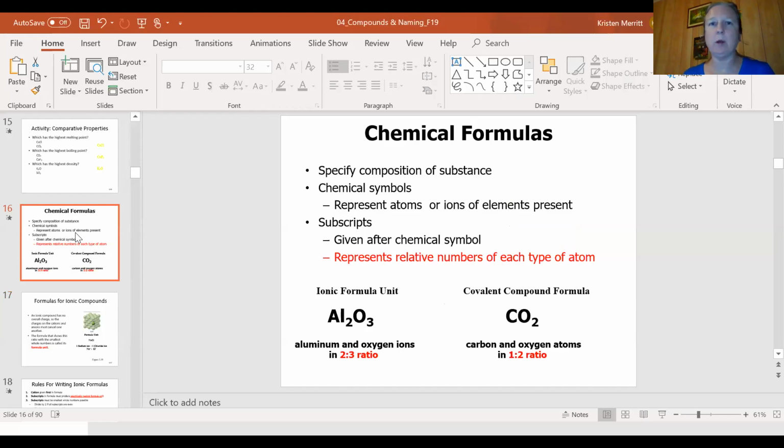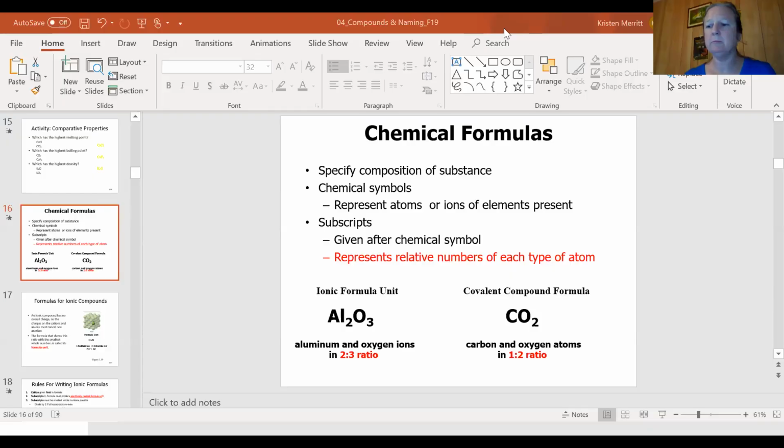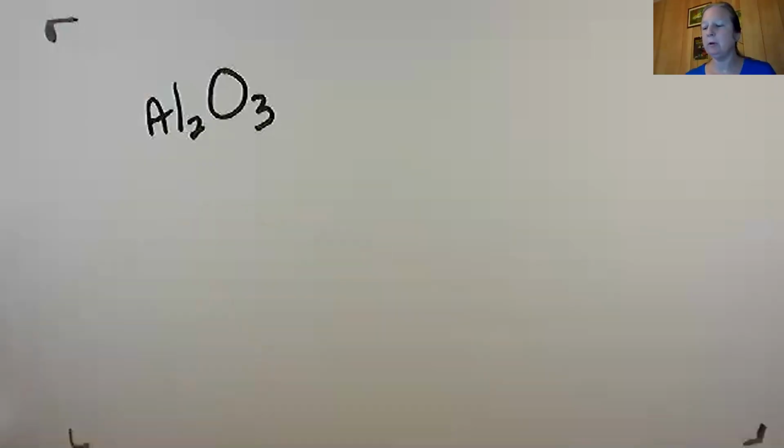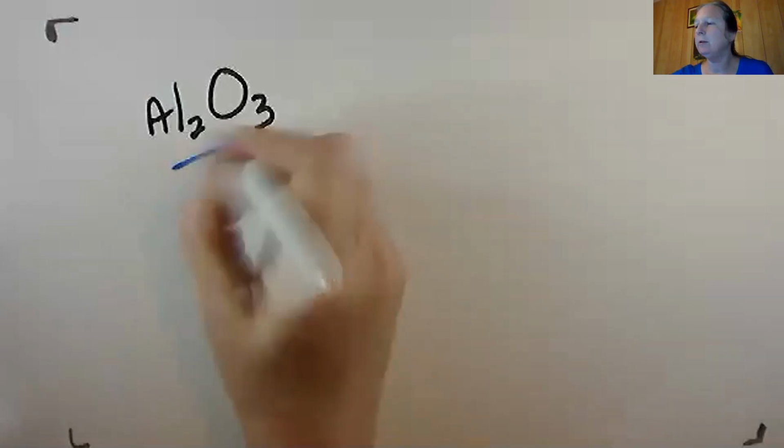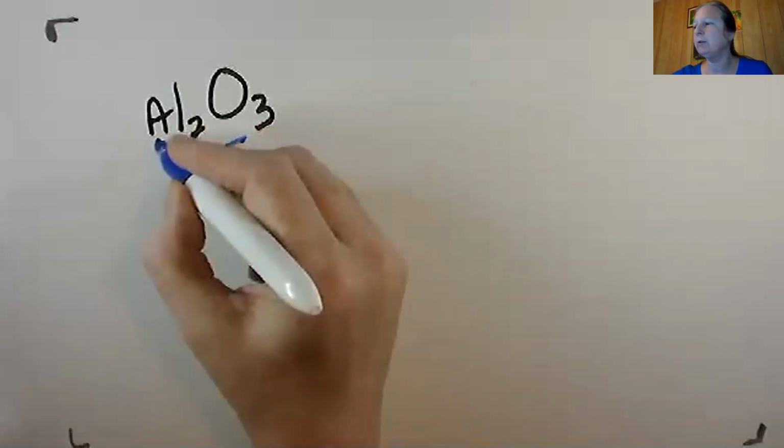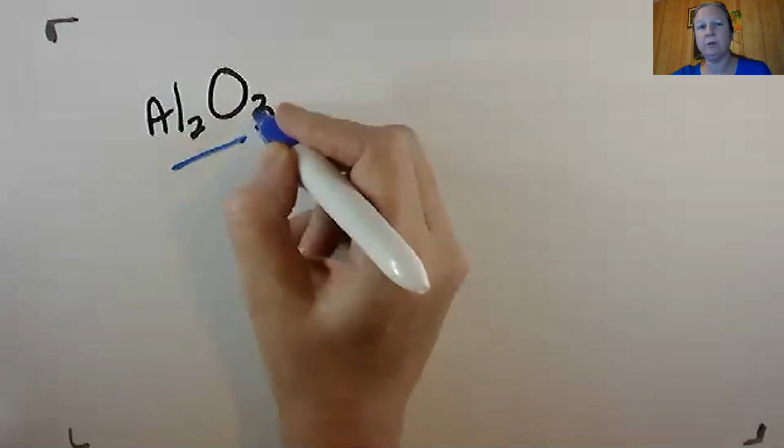Okay, look back over to the whiteboard a minute. There's the compound that I took off the slide. This is an ionic compound. Aluminum is a metal. Oxygen is a nonmetal.